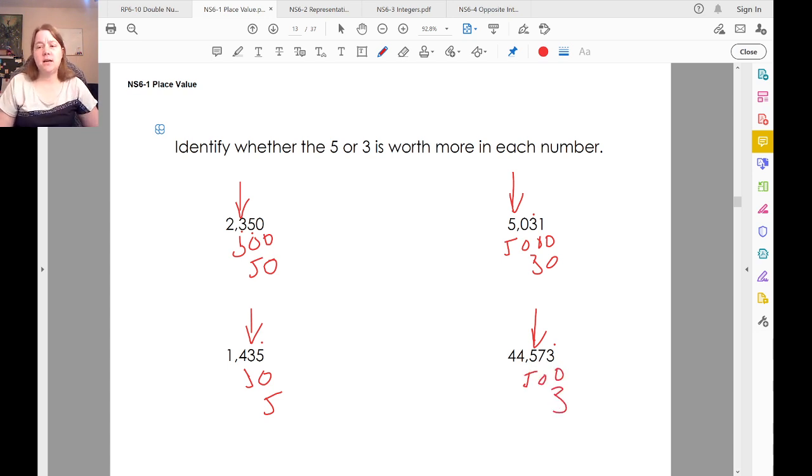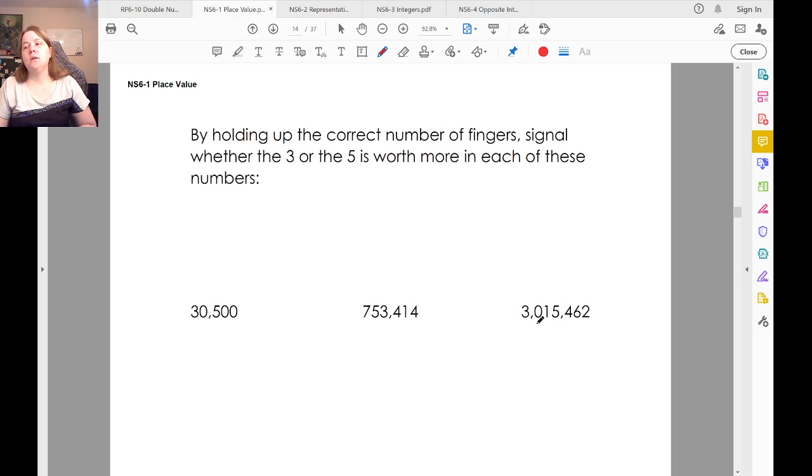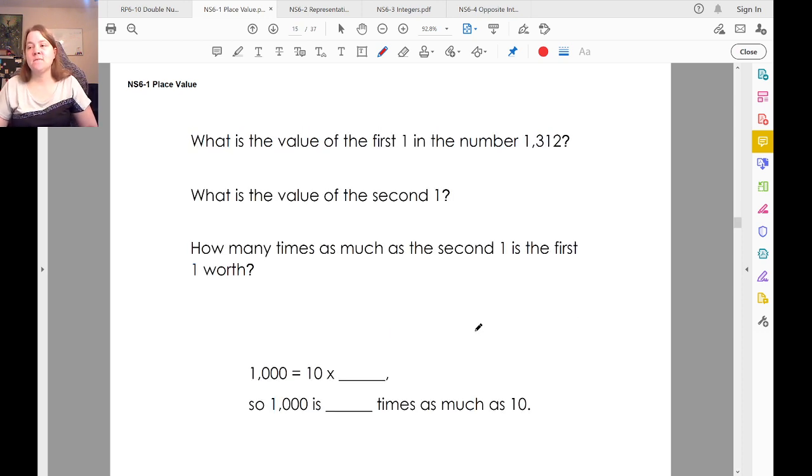You can see how the number that is more to the left has the higher place value. It doesn't matter which number's bigger, it matters where it sits in the larger number. So they want you to know which one's higher here, 3 or 5. We see 3, we see 5, we see 3.